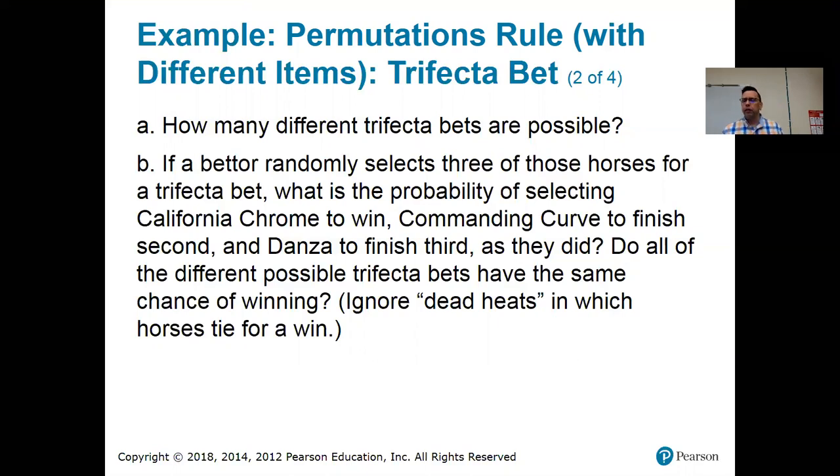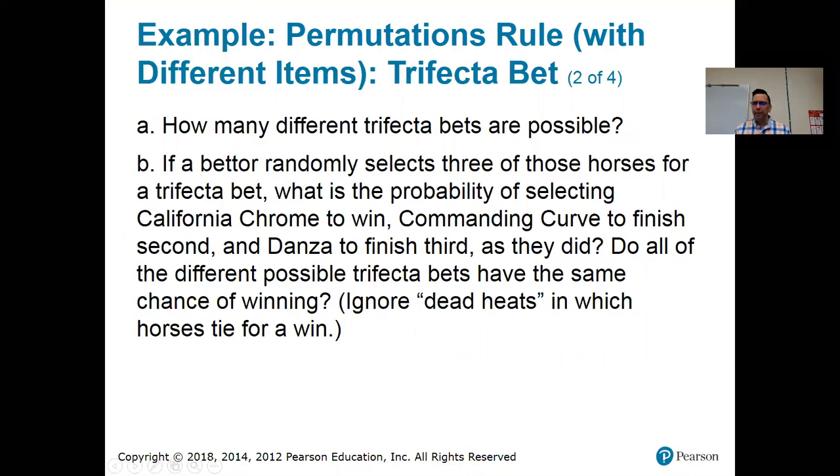So what's the probability that you would randomly pick those 3 horses? They are apparently the horses that ended up coming in first, second, and third. And then here's an interesting question. Do all of the different possible trifecta bets have the same chance of winning? It is possible for horses to tie, and we won't think about that. So those are the questions.